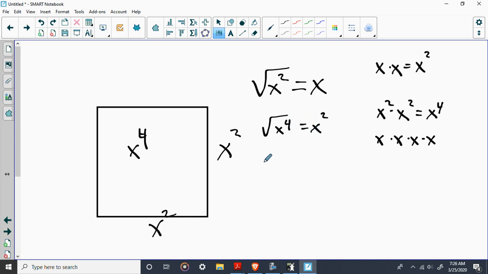Essentially all you're looking for is an even exponent, right? 2, 4, 6, you guys know your even numbers. X to the 8th, right? And then all we have to do is cut it in half. So again, when we see an even exponent, if we want to know the square root of it, all we got to do is cut that in half, right?